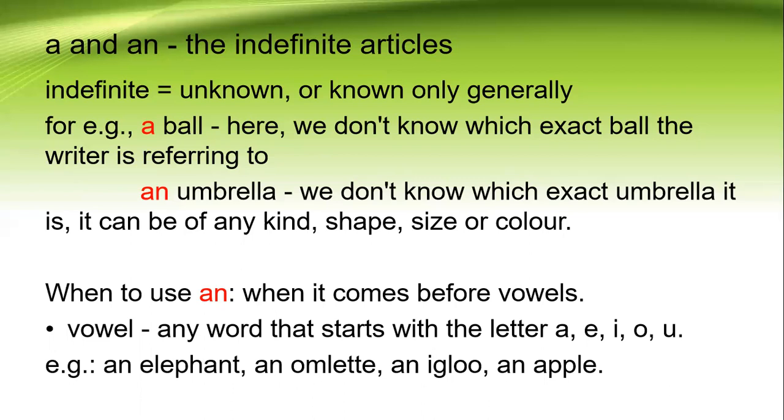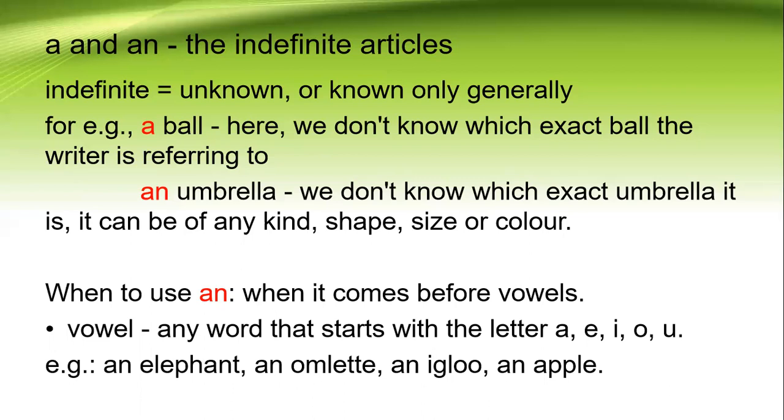And now here, when to use a, when to use an, this is very important. We use an before vowels. Now, what is a vowel? A vowel is any word that starts with the letter A, E, I, O, U. Remember these five letters, these are very important.